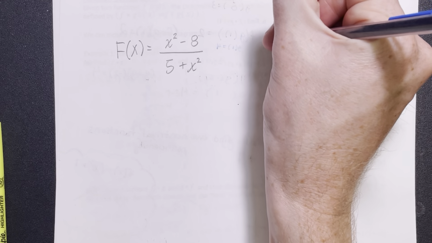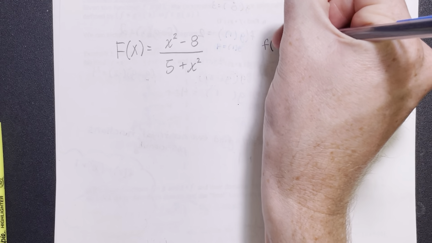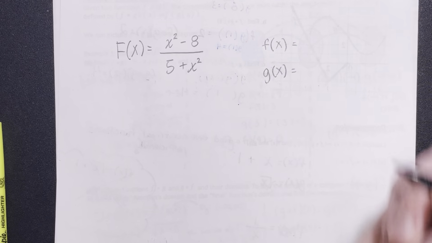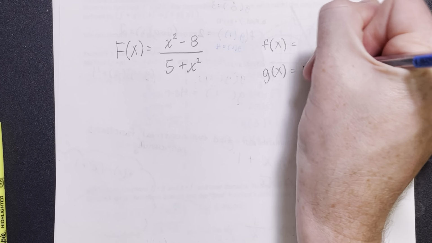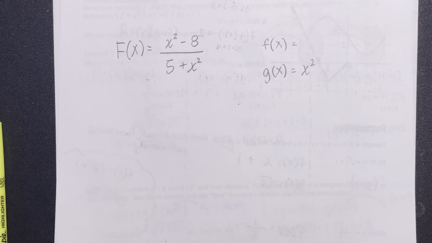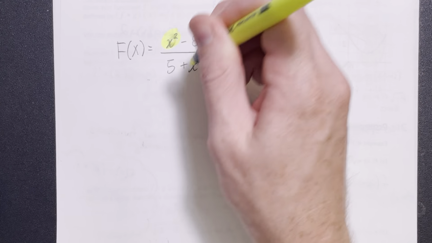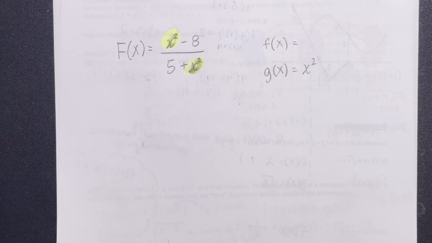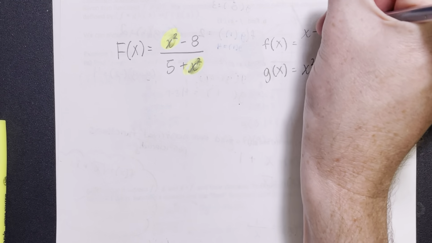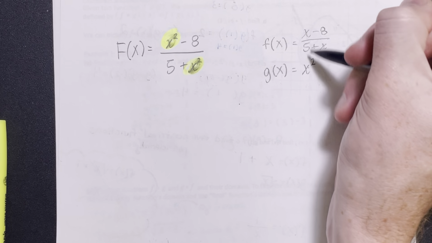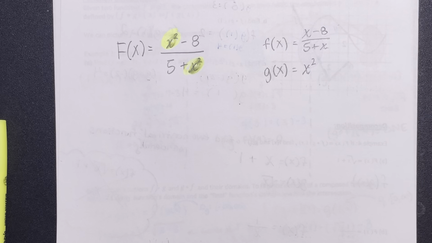And if we are finding f of x and g of x, and we're still doing the same order, I'm going to let g of x be x squared. That is replacing this whole thing here in both spots. So f of x would be x minus 8 over 5 plus x. Every time we saw an x, it was replaced with x squared.